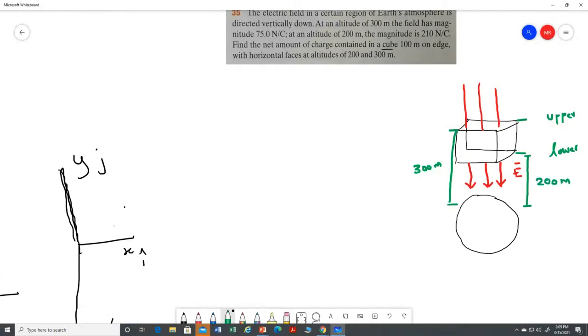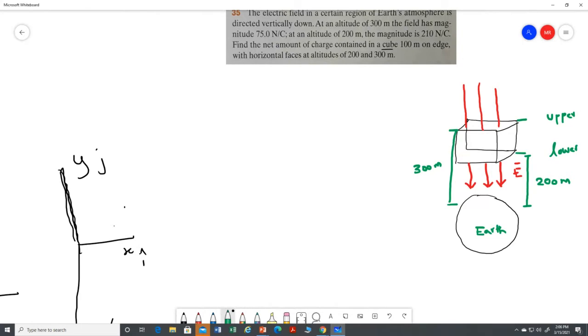You get my point, my dear? And this is earth. So we have the earth, and surrounding the earth is the earth atmosphere, and the red electrical field lines are in the vertically downward direction. Above the earth you have the cube having both an upper layer and a lower layer. The upper layer height from the earth surface is 300 meter, and the lower surface of the cube is at 200 meter.